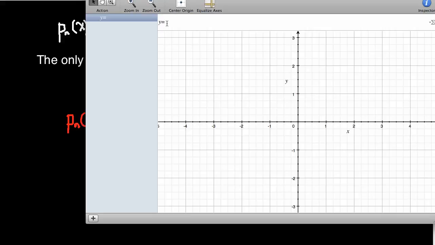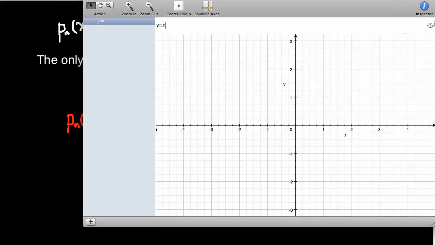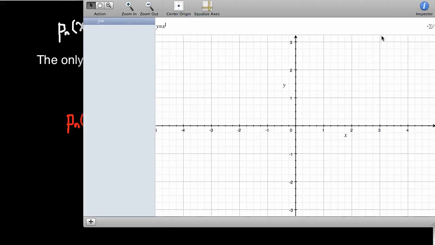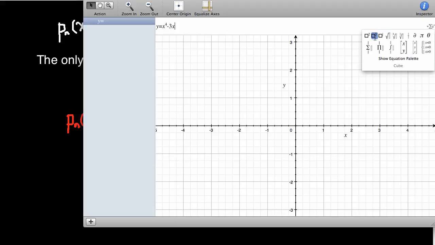Let's look at x to the fourth minus 3x cubed plus x squared.